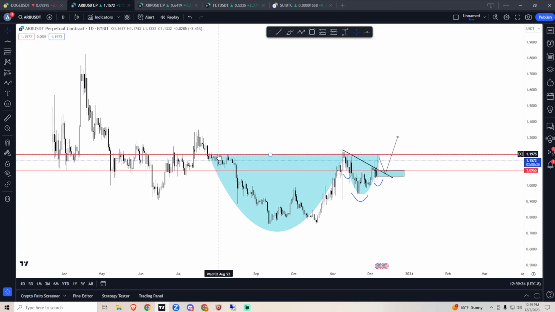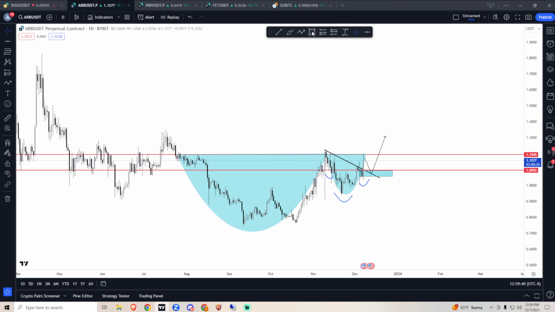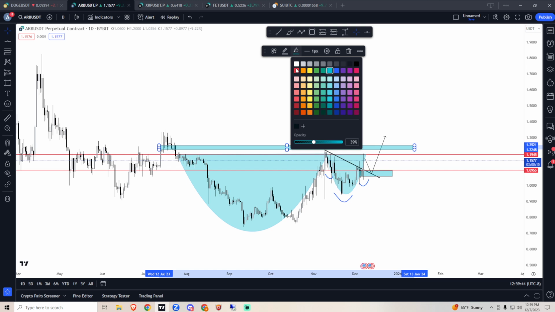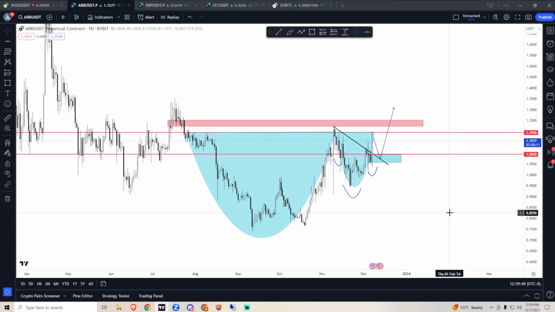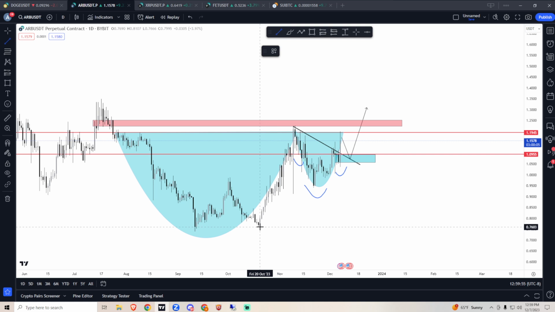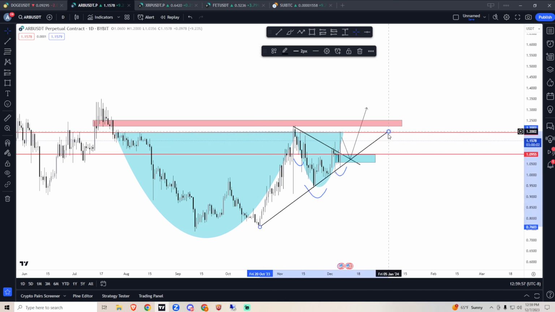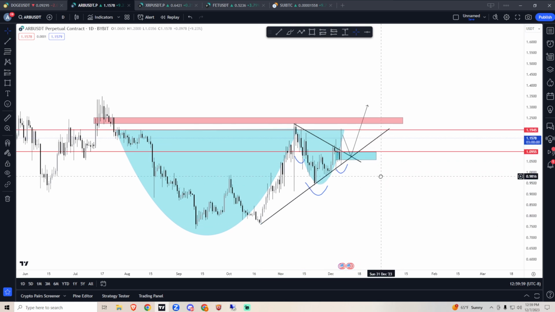So here you have 1, 2, 3, 4, 5 rejections, getting weaker and weaker every single time. Okay, it could reject from here. There's an order block. That's where you would enter.